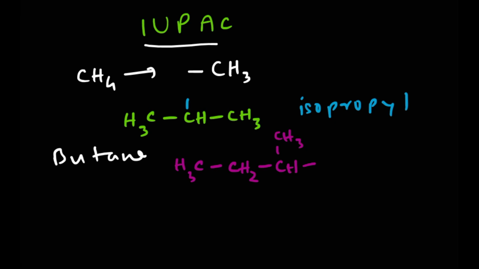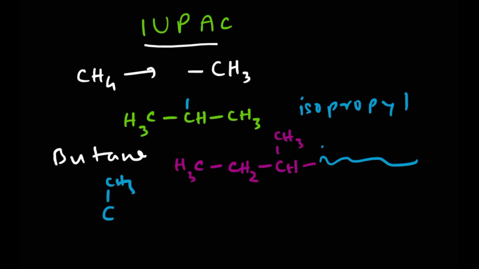Secondary, because 2 carbons are attached to this carbon, and it is the substituent on the parent chain, so this will be secondary butyl. Now again the isobutyl group will come and the tertiary butyl group will come. So let us draw the isobutyl group.